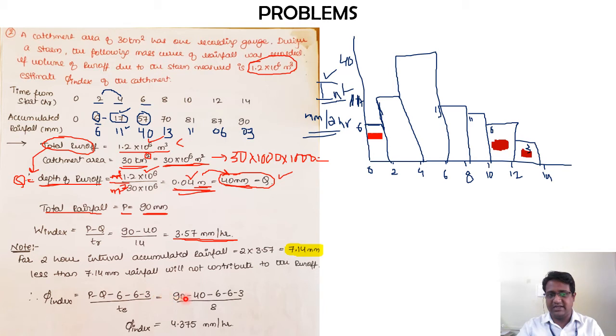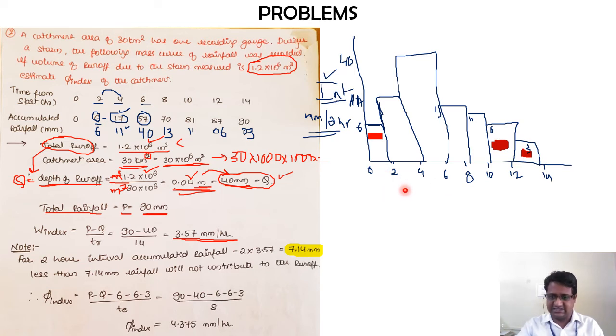So this is nothing but your numerator. Now for the denominator it is T, that is effective rainfall, right? So total rainfall duration is 14 hours. Out of that, 3 sections are not coming with any excess rainfall. So I need to deduct 3 sections. Why am I calling them sections?